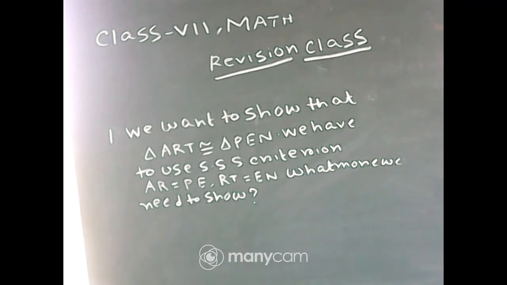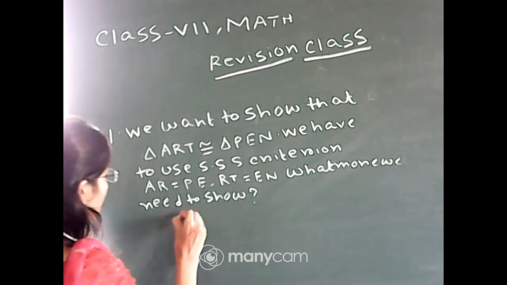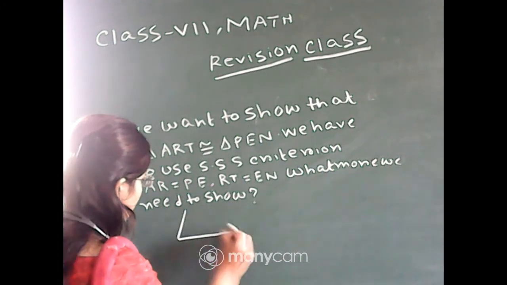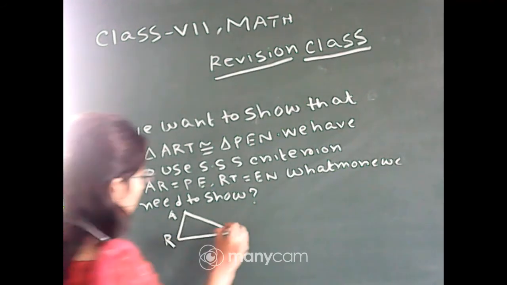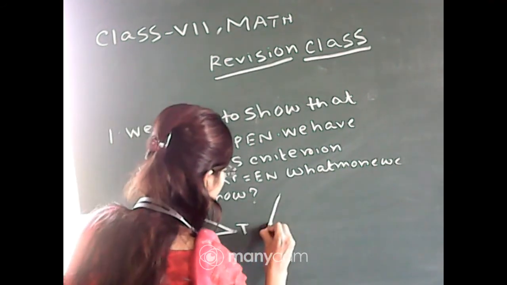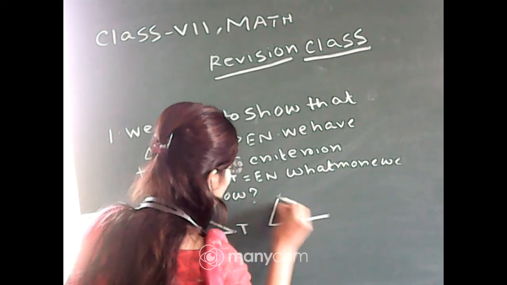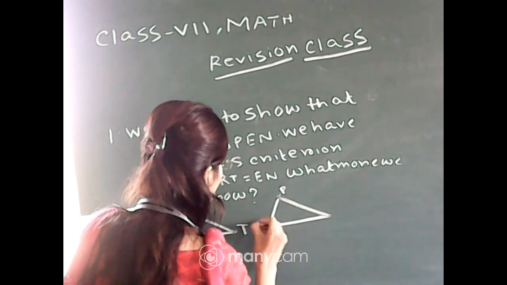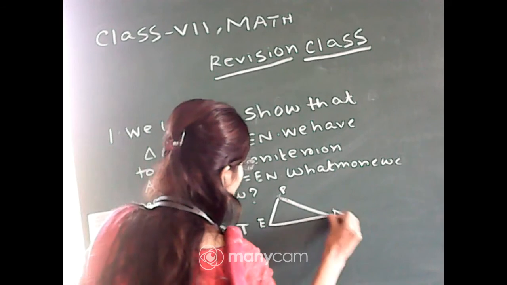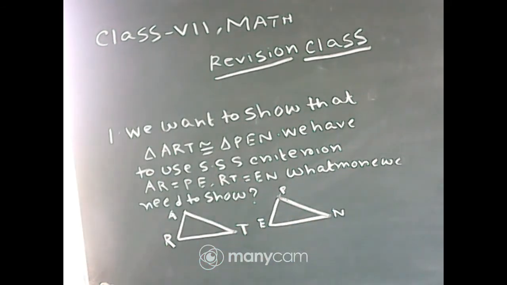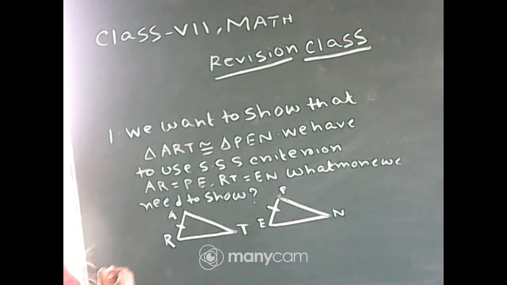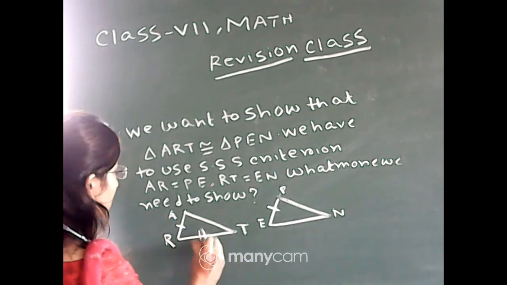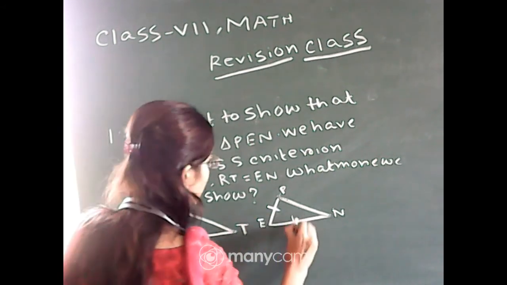For this, we first draw the triangles ART and PEN. This is triangle ART and this is triangle PEN. Now, it is given that side AR is equal to side PE and side RT is equal to side EN.